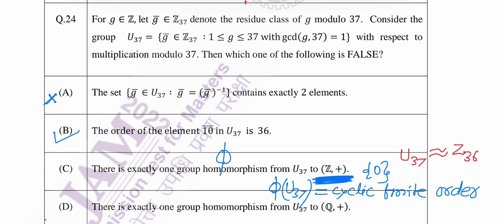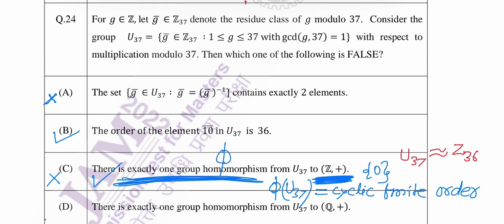So there is only one subgroup, and exactly one homomorphism. This statement is correct, so since we have to choose the false one, this option should not be marked in the examination hall.